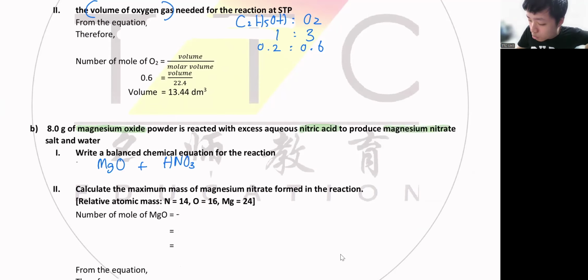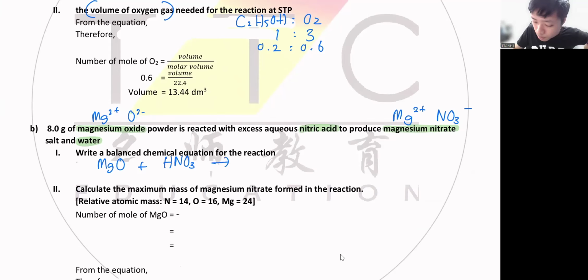So it produces magnesium nitrate. For magnesium, you have to know the ion is Mg 2 plus. You have to look at the ions again. Then the nitrate is NO3 1 minus. And we produce water. Magnesium oxide: you get magnesium 2 plus, O is 2 minus, so you get MgO because you simplify the 2 and 2.